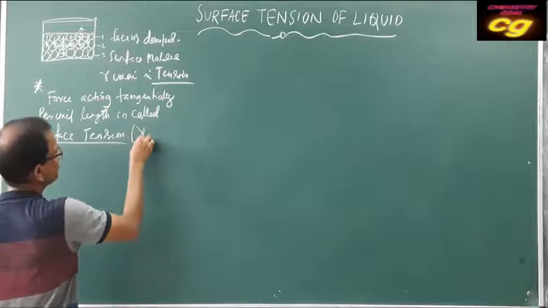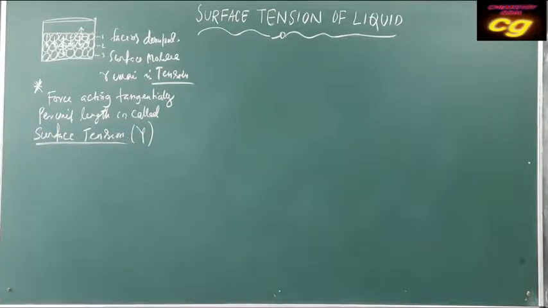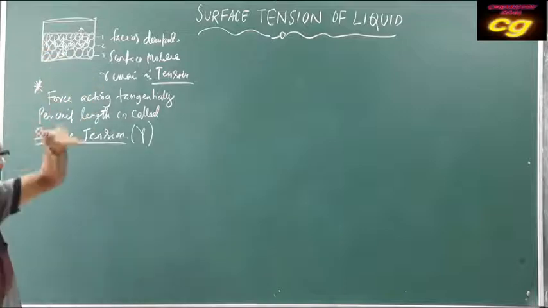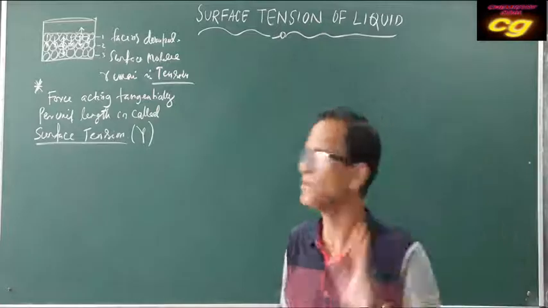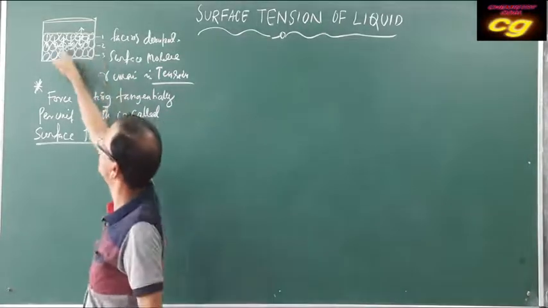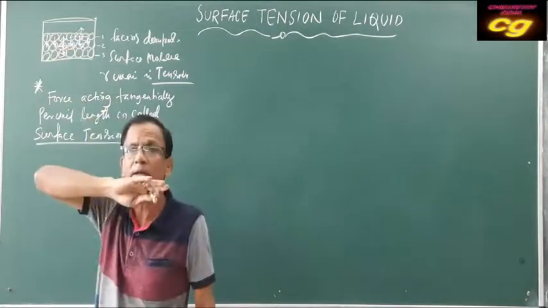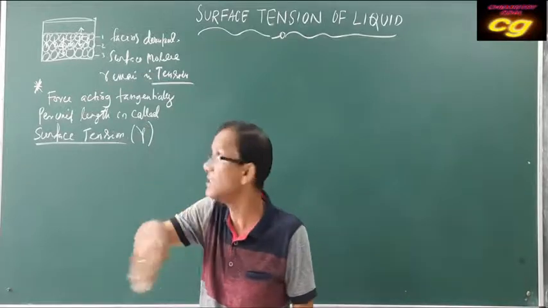Surface tension is generally denoted by the symbol gamma. Due to this downward pull, the surface molecules remain in tension, and the surface, considered as an imaginary line, behaves just like a straight membrane.